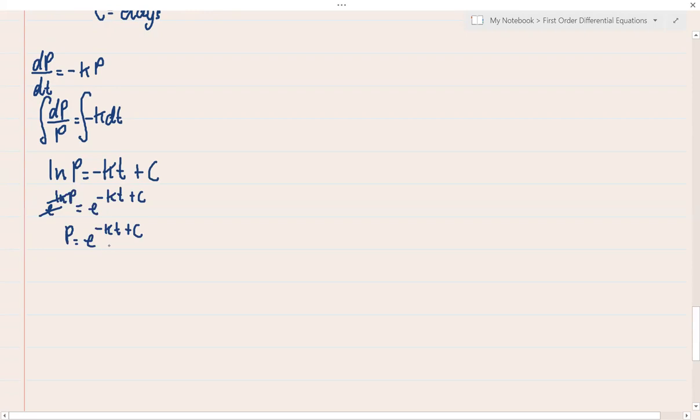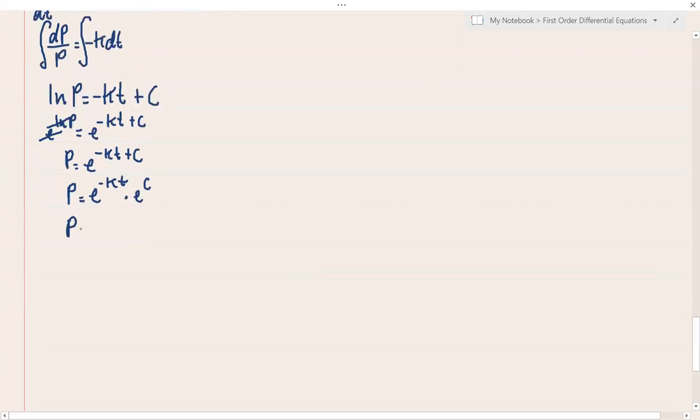Then, dito, pwede kong ipaghiwalay si negative kt at saka si C. So, magiging e raised to negative kt times e raised to C. Yan. And as I said, yung e raised to C, isa siyang constant. Kasi yung exponent ng e mo, isa siyang constant. To be specific, arbitrary constant.